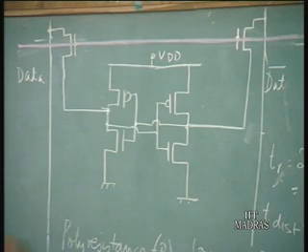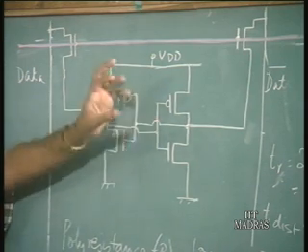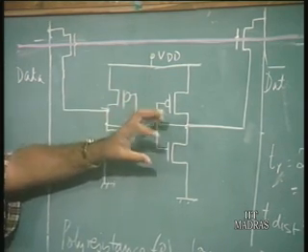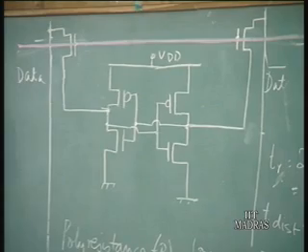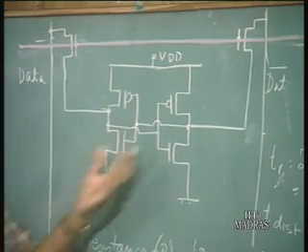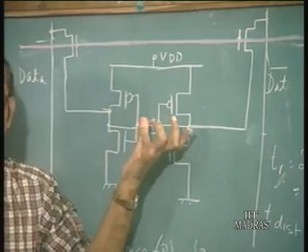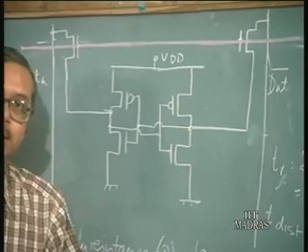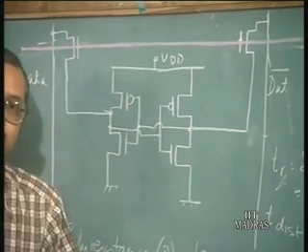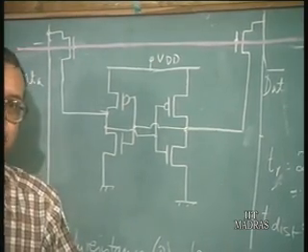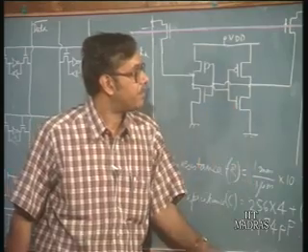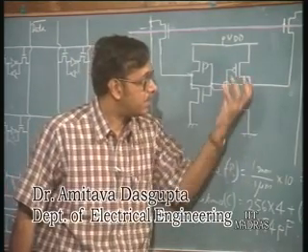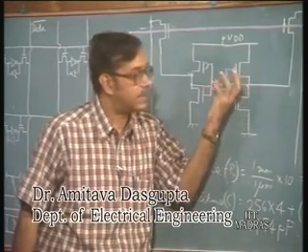If you just increase one transistor to twice the size, then the whole memory size is going to go up by a factor of 2. So, one must make these transistors small.